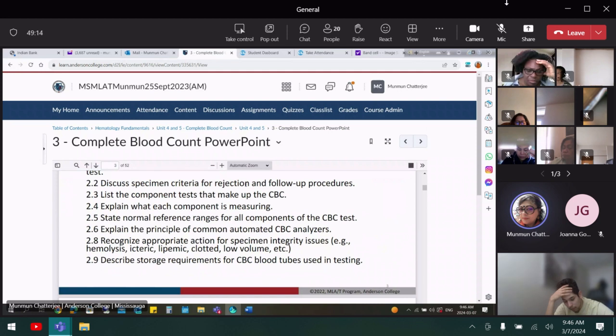What are we going to learn here? We are going to learn the specimen criteria for rejection. You guys know already; you have done a lot in the class, we are doing it for a long time. Then list the component tests that make up the CBC. What are the component tests? Tell me what we can learn from the CBC.